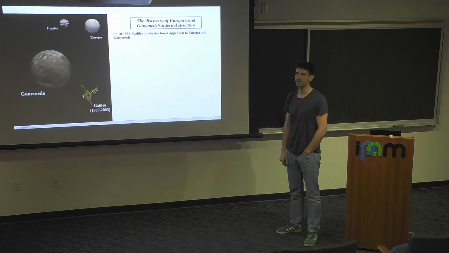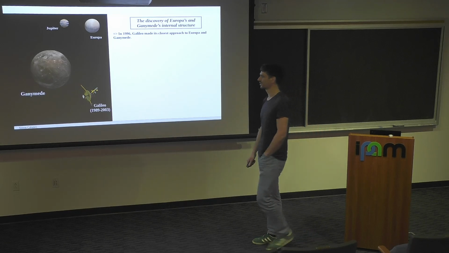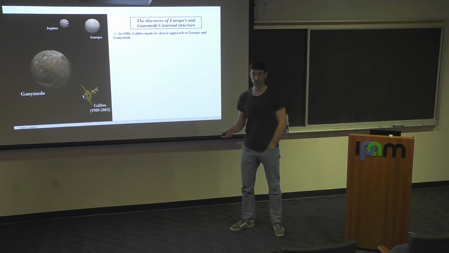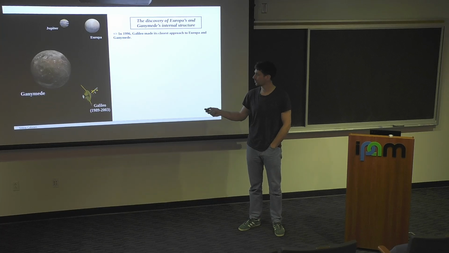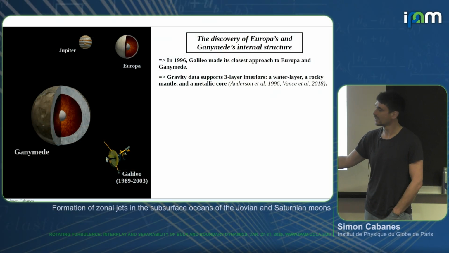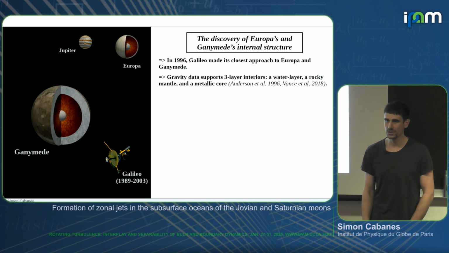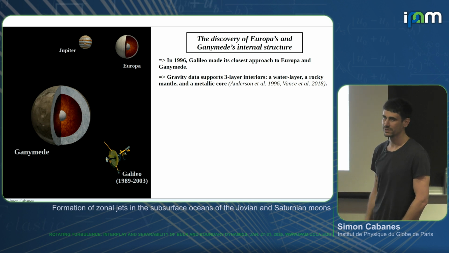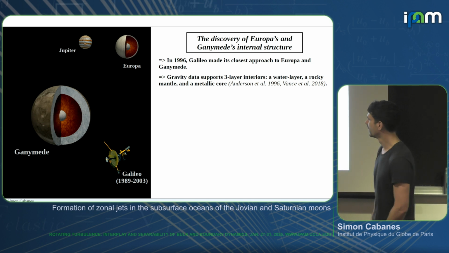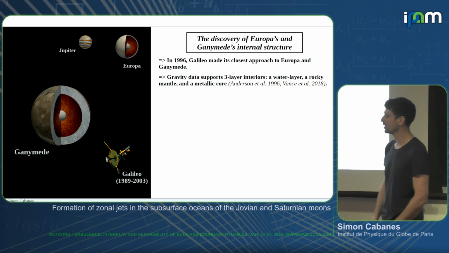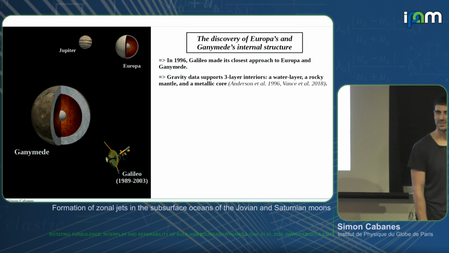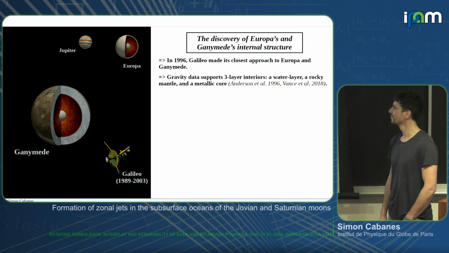And it provided various data: the mass, the radius, the gravity, magnetic field, surface temperature, et cetera. And thanks to the gravity field, we know today about the existence of these three-layer planets, right? A water layer on the top, a rocky mantle in the middle, and a metallic core in the center.